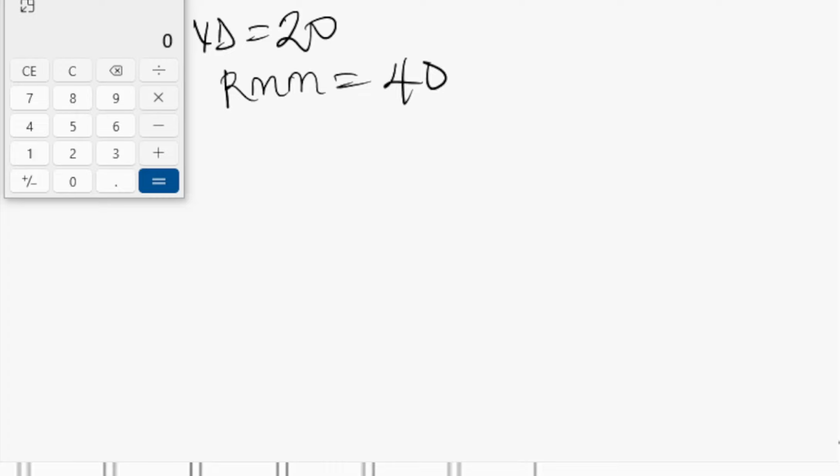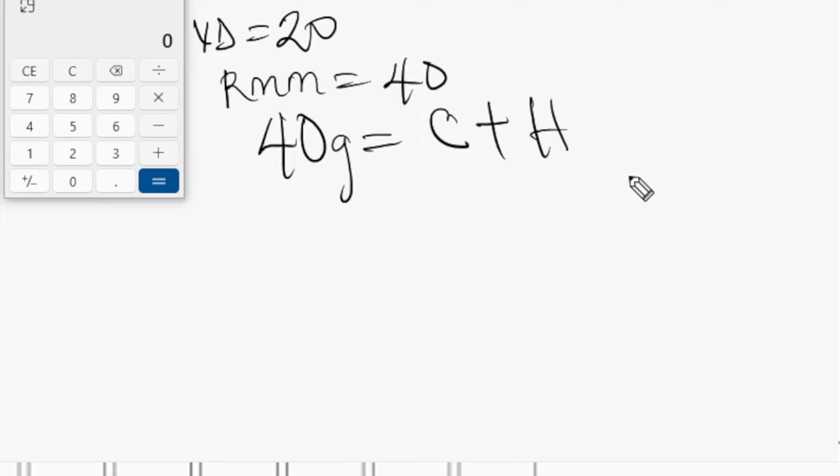So with this, we have that 40 grams is the mass of both carbon and hydrogen. But then guys, we are already given from the question that carbon contains 36 grams.